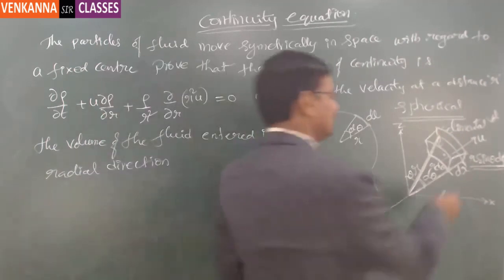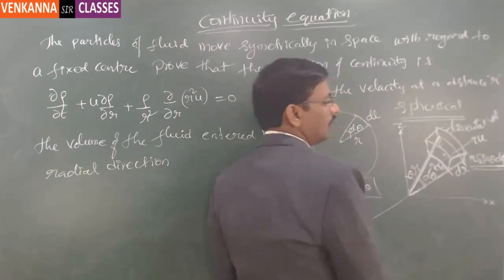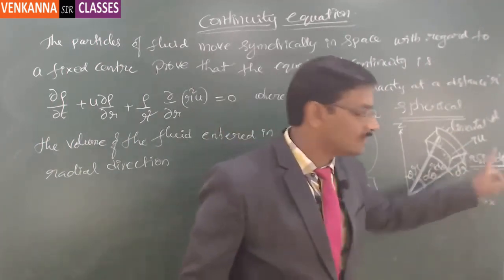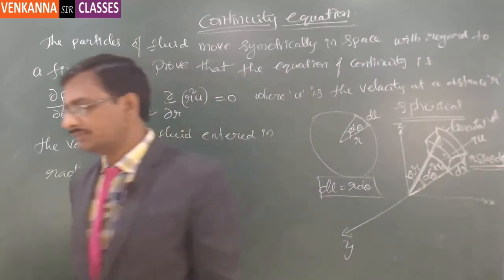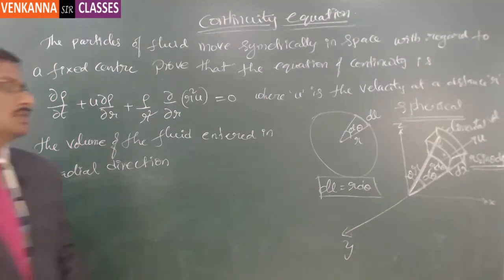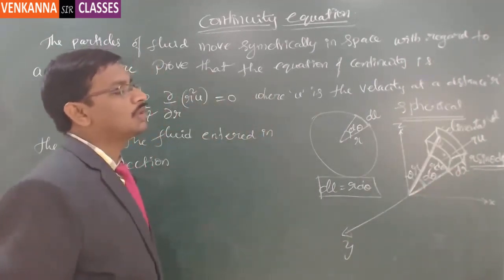So this length is dr, this is r d theta, and this is r sin theta d phi. I hope you understood why it is r sin theta. So this is all related to coordinate system. Nothing related to fluid dynamics here. Everything you should be able to understand.